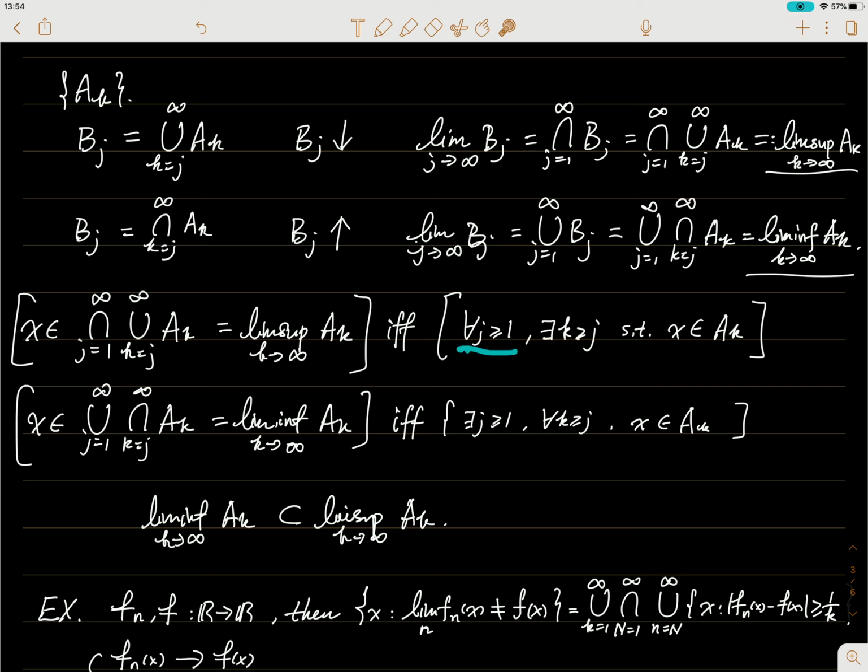So for any j, there exists some k, as long as k is greater than j, such that x is inside ak. Okay, so this intersection is translated to for all, and this union is translated to exists. So x belongs to the upper limit of ak means that for any j, there exists some k such that x is in ak.